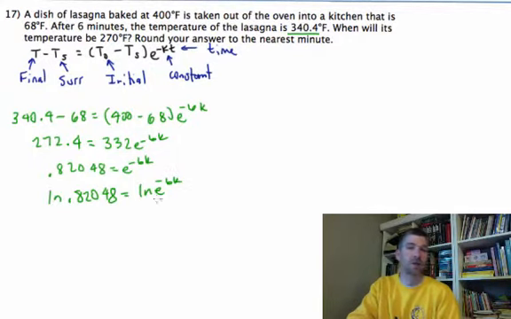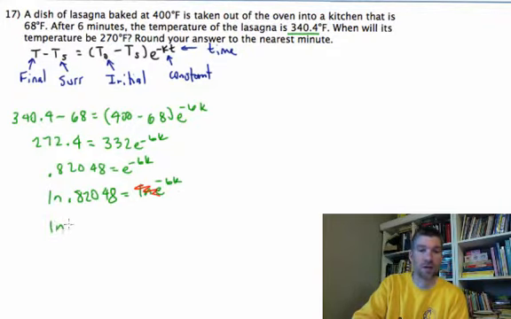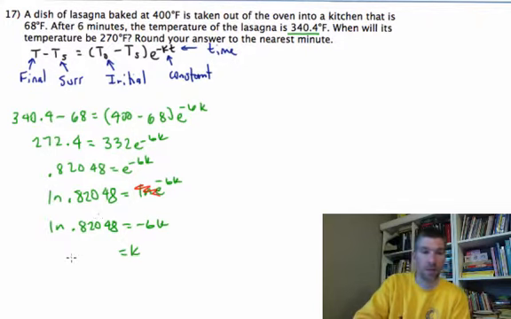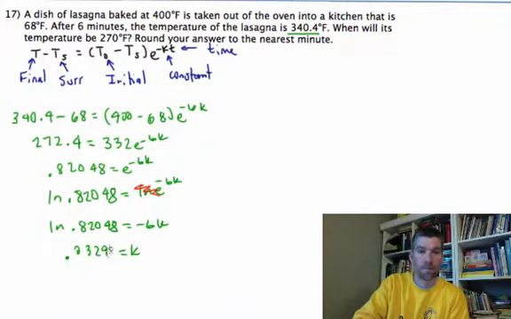If we take the natural log of e, it cancels itself out, and the only thing left is 6k. So the natural log of 0.82048 equals negative 6k. Divide both sides by negative 6, and you get k to be 0.03298. It's a really ugly zero, so let me make a little small pretty zero here.